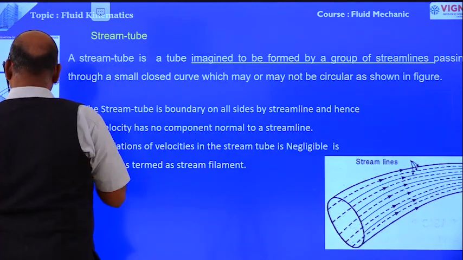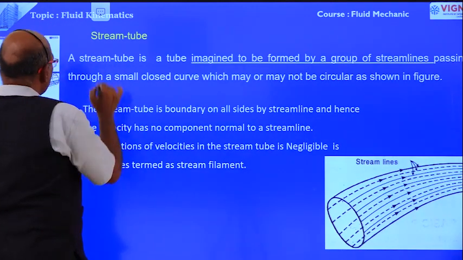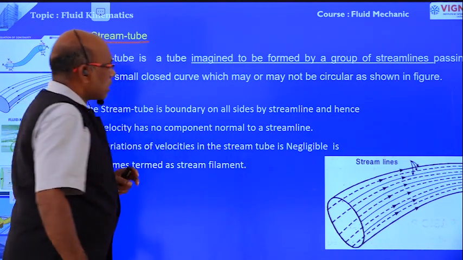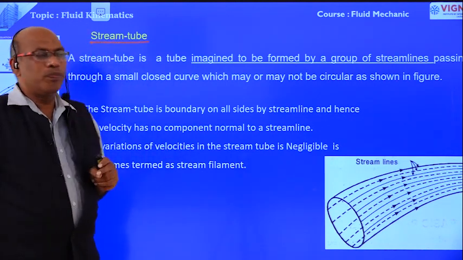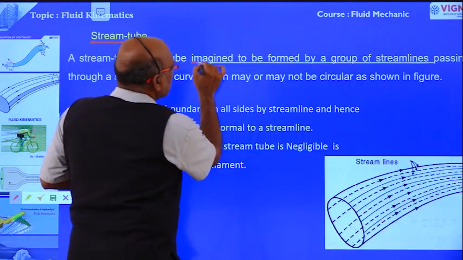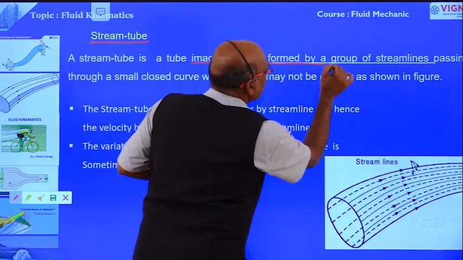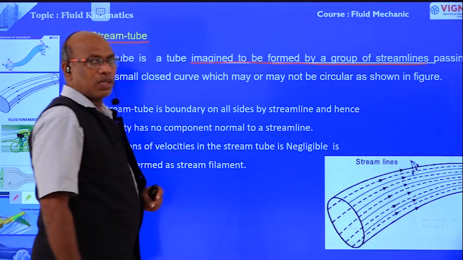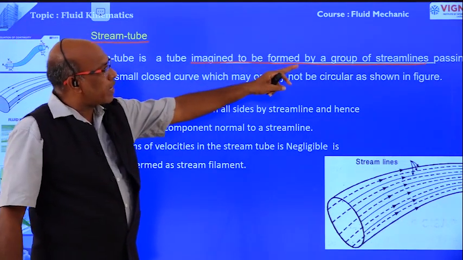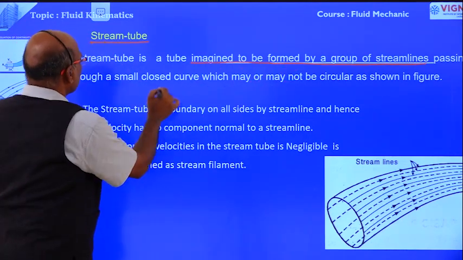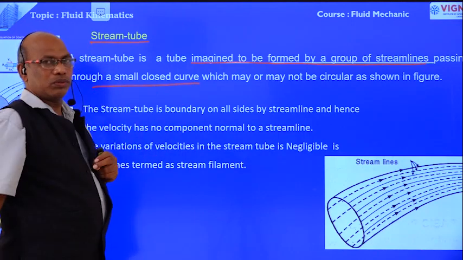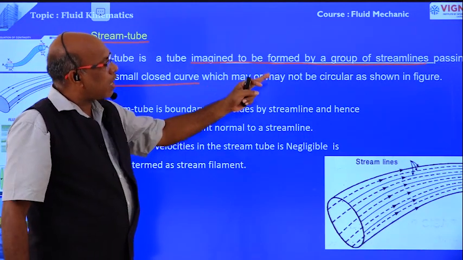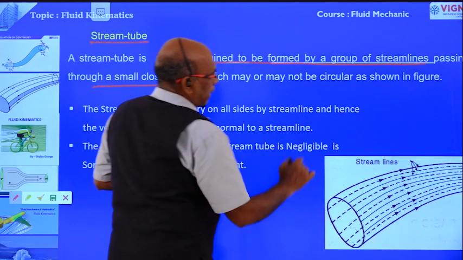Stream tube. What is a stream tube? A stream tube is a tube that is imagined to be formed by a group of streamlines passing through a small closed curve, which may or may not be circular. This is the diagram.